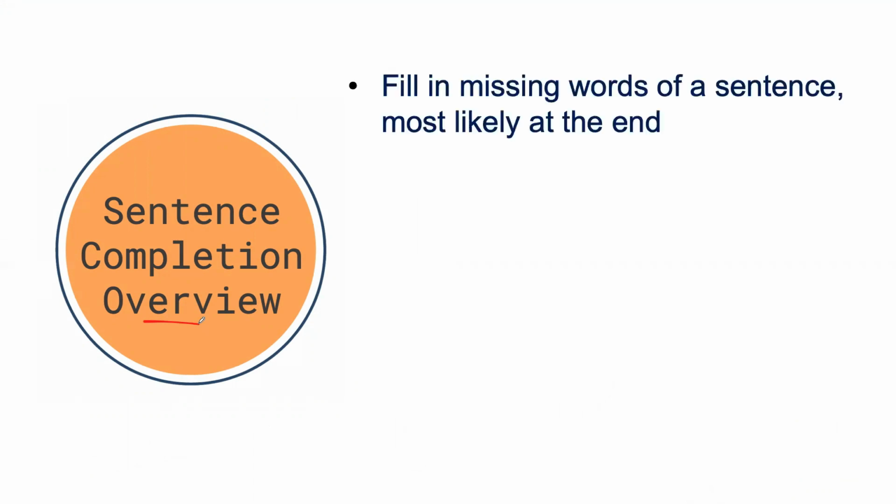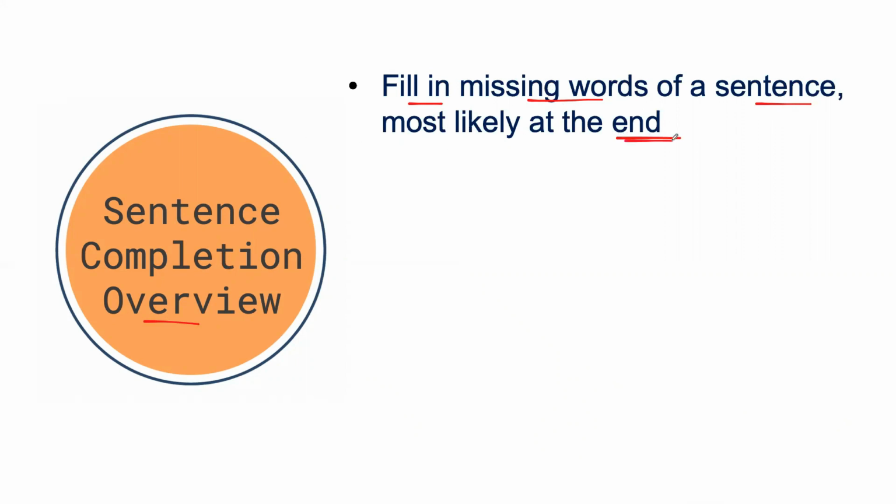First, I'm going to give you a brief overview on what to expect, the features and the characteristics of this sentence completion question. First off, you will have to fill in missing words of a sentence. These gaps, these missing words, could appear anywhere in the sentence, but they're most likely going to be at the end.